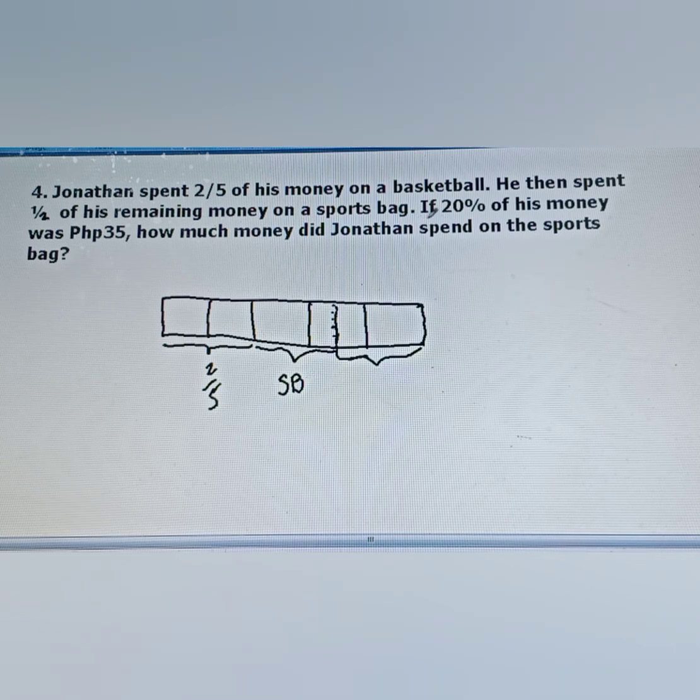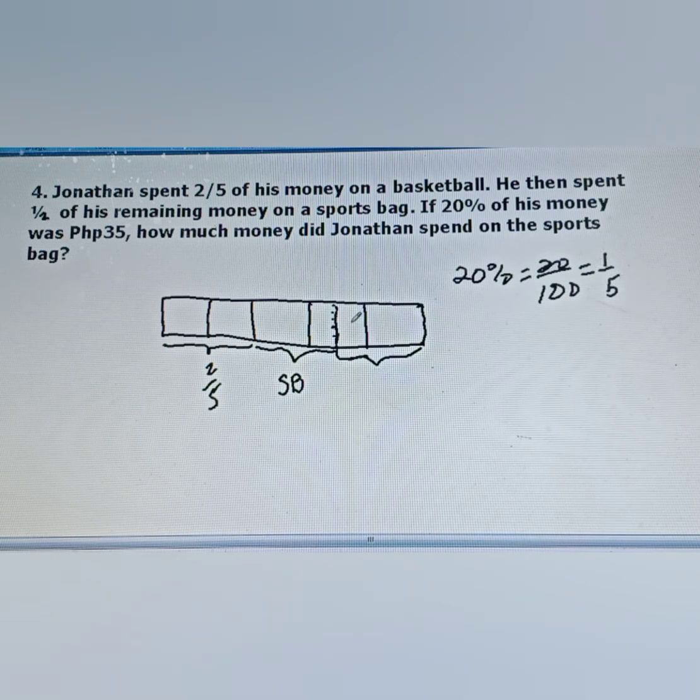Now, if 20% of his money was 35 pesos, if you change 20% to a fraction, 20% is just equal to 20 over 100. If you reduce that to lowest terms, that's equivalent to 1/5. So 20% is just equal to 1/5.